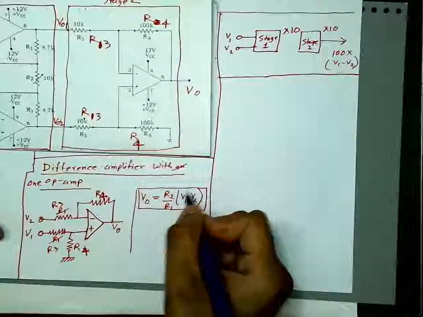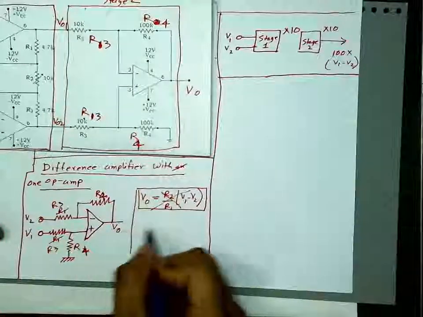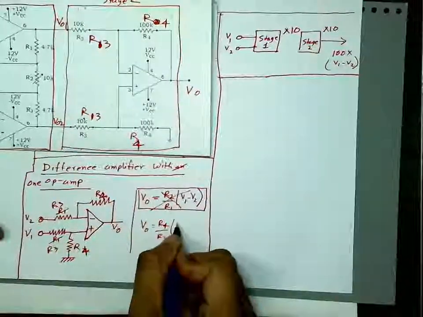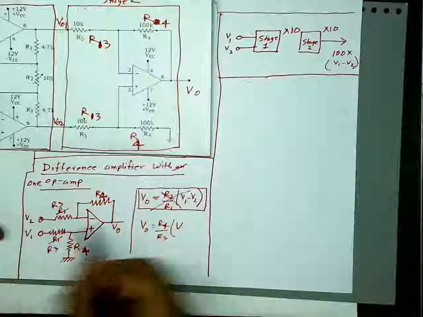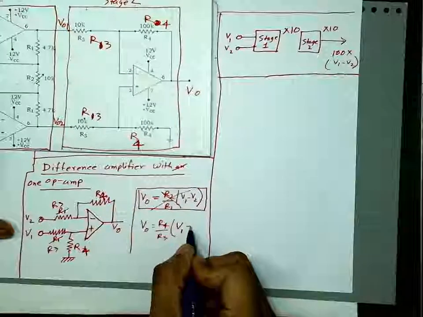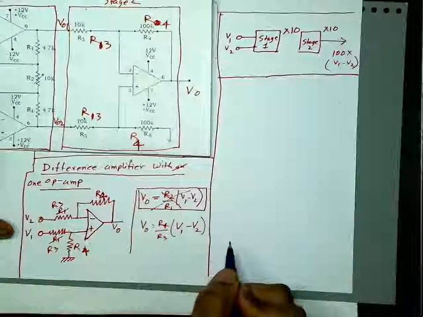Therefore I write VO is equal to R4 by R3 times the difference V1 minus V2.